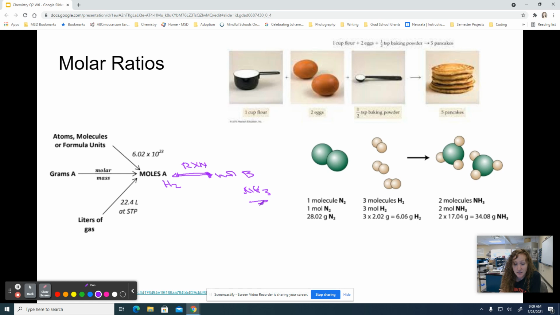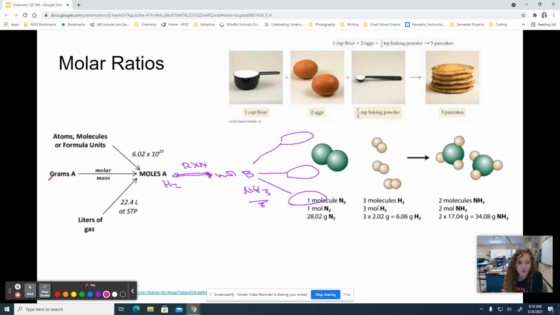And now that I'm in ammonia, I can figure out all kinds of things. I can figure out how many ammonia molecules I have, how much that ammonia would weigh, how many liters of ammonia I would come out with if ammonia was a gas, right? I now have a bridge between the two sides, and I can figure out a lot.